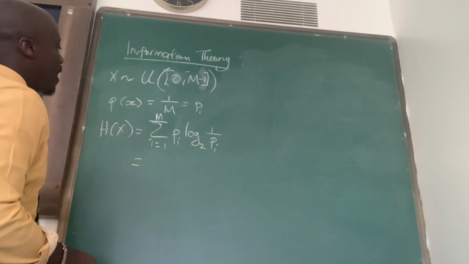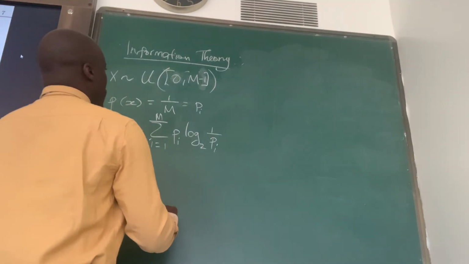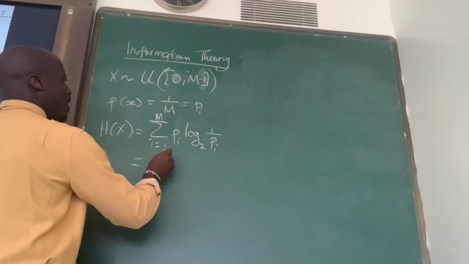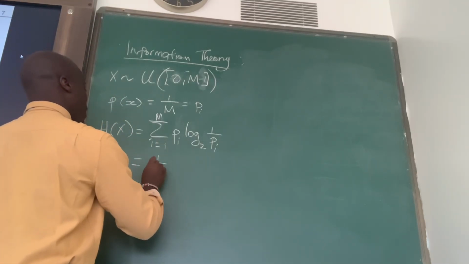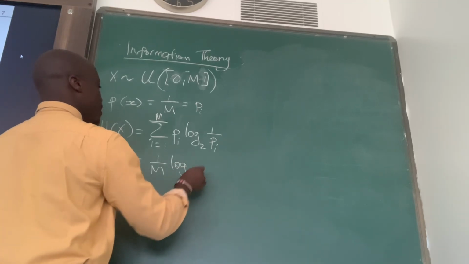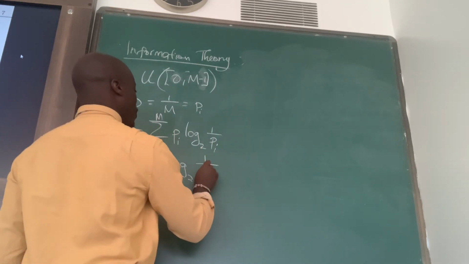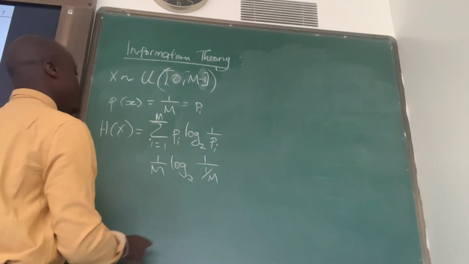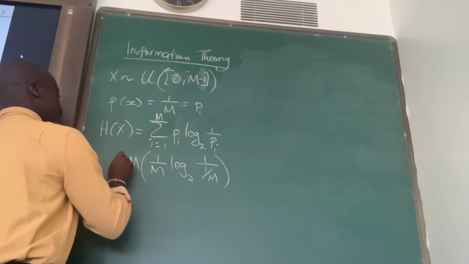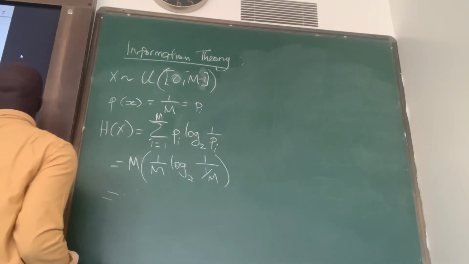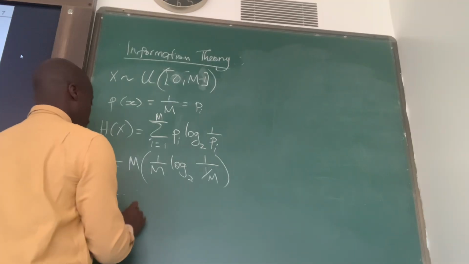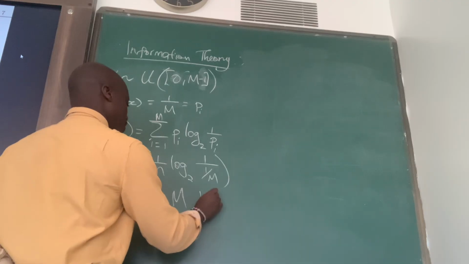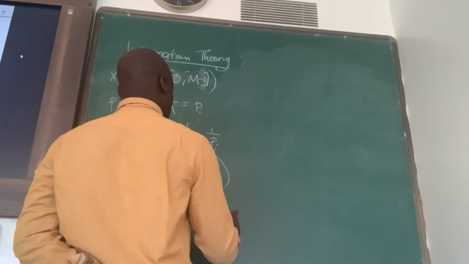So I can do this thing with Pi as 1 over M. Log to base 2 of 1 over Pi, which is 1 over M. Now the summation we are adding from i equals 1 to M, so this is just a constant times M. So if you work this one out, you're going to get log to base 2 of M bits per symbol.